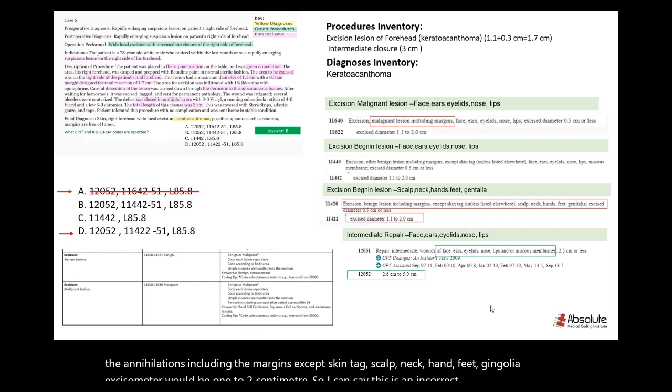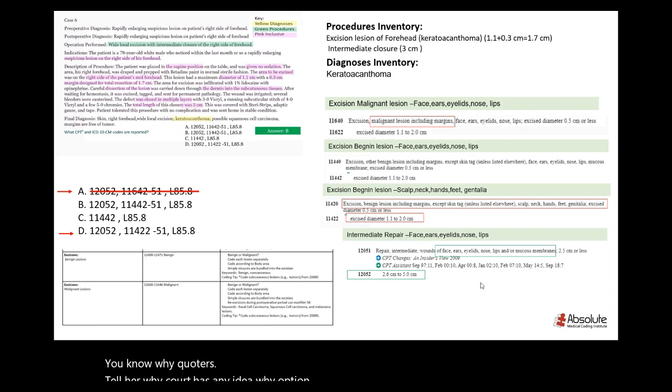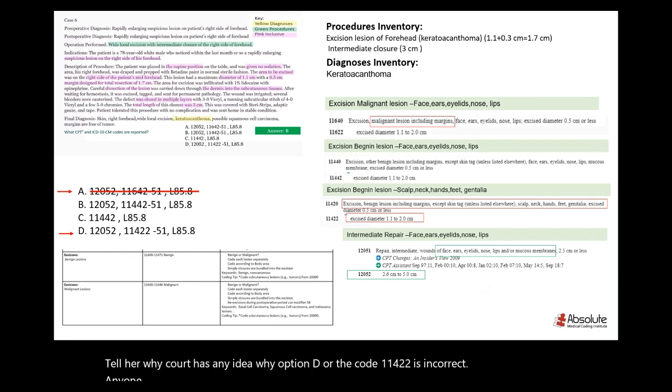Do you know why, coders? Any idea why option D, or the code 11422, is incorrect? Anyone? Yes, because this one is coding for a wrong location. Exactly, you are correct.